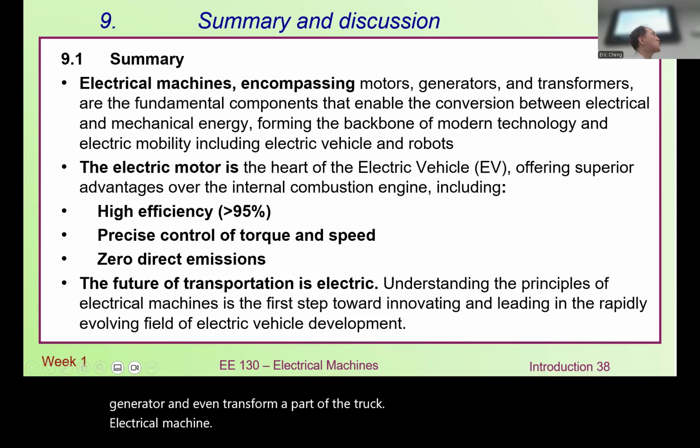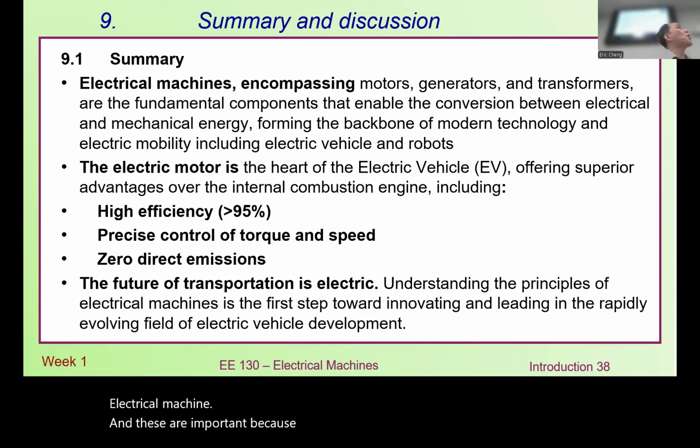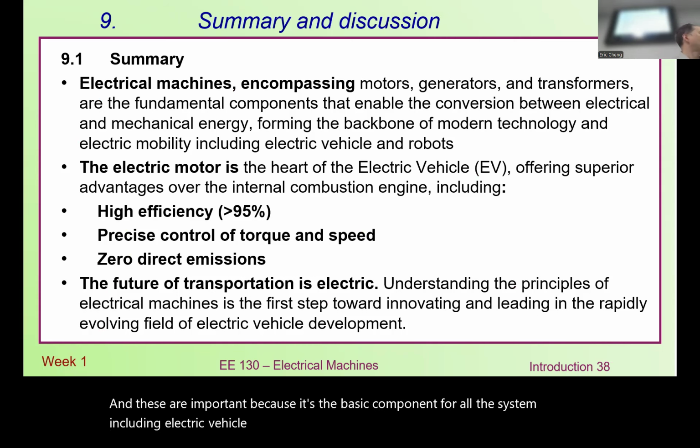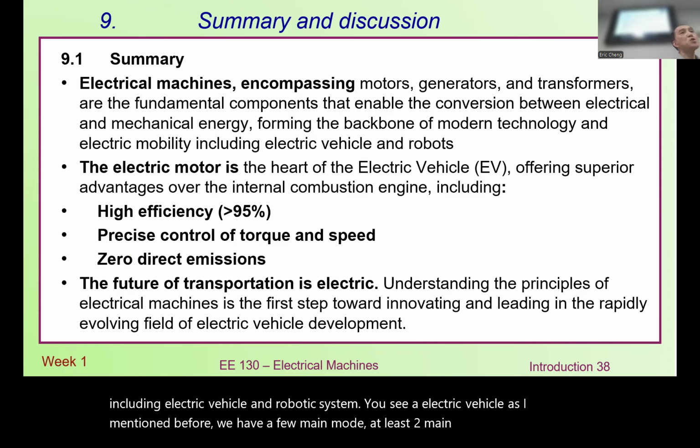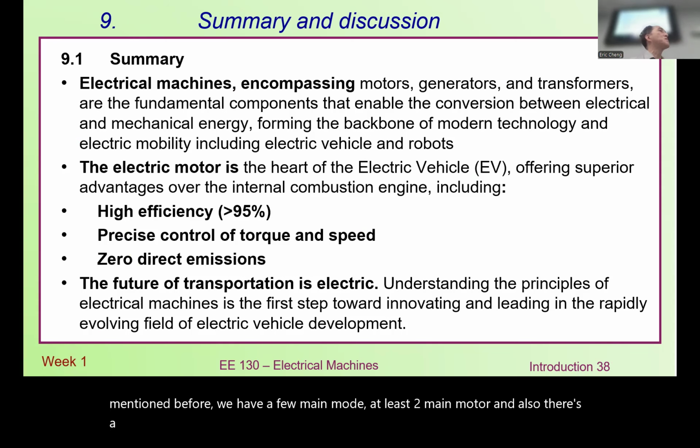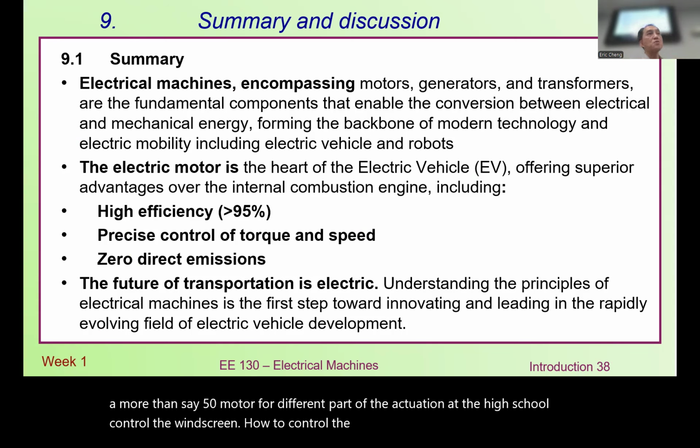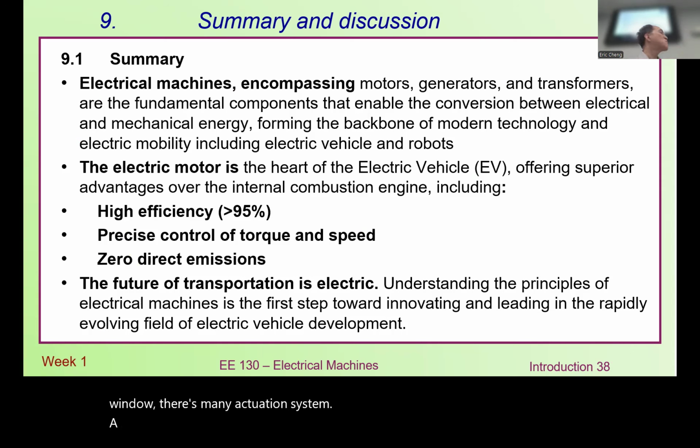And these are important because they're the basic component for all the systems, including electric vehicle and robotic systems. In the electric vehicle, as I mentioned before, we have at least 2 main motors, and also more than, say, 50 motors for different parts of the actuation, like how to control the windscreen, the pump system, maybe the window. There are many actuation systems. A robot as well has many moving parts, like linear motor, rotational motor, and a lot of control systems.